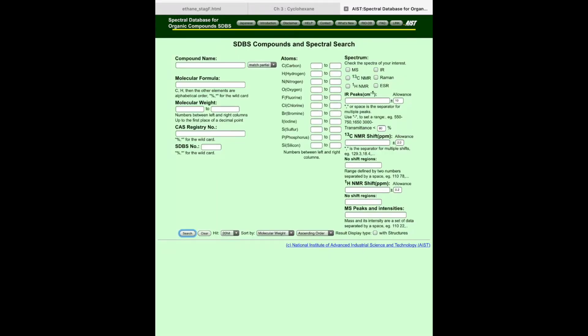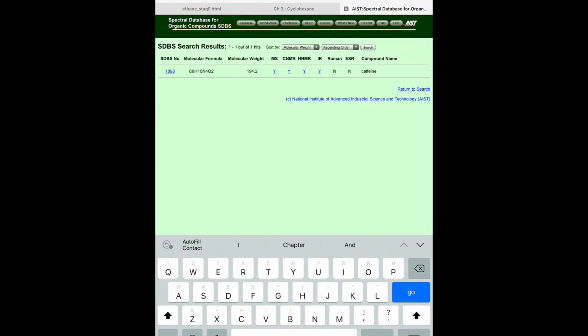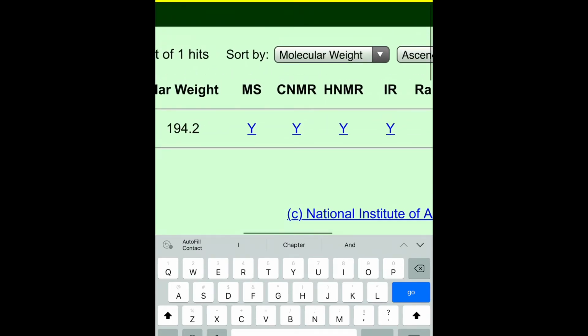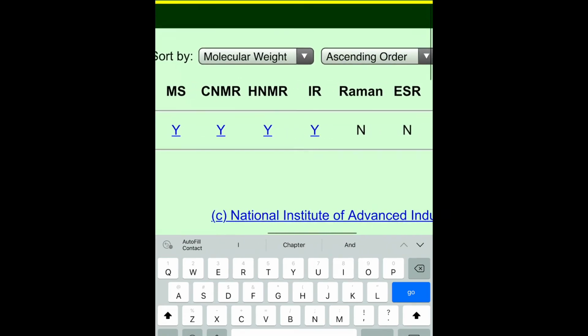And then you can insert a compound name. So let's just do caffeine. There we go. So what is this? Well, first of all, we got the molecular formula, sick. The molecular weight, 194. Hey, check that out. The MS stands for mass spec. C NMR is a carbon NMR.